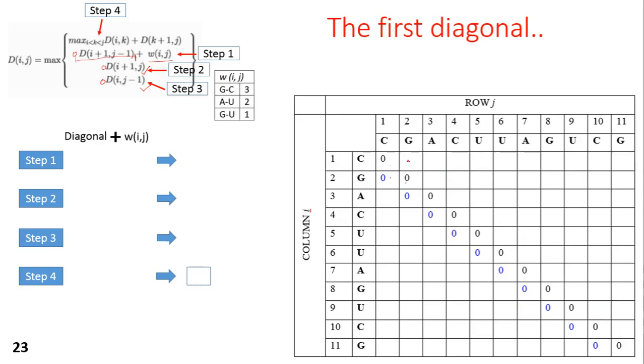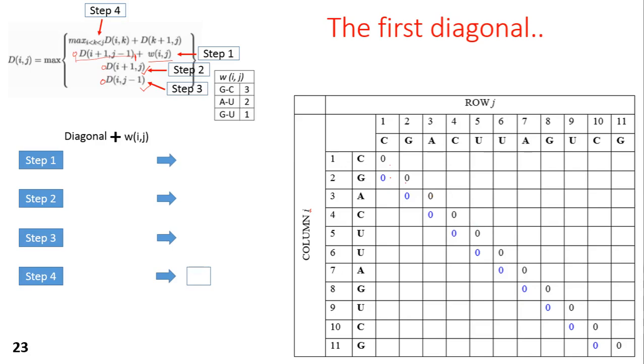And therefore only the weight values will be carried forward wherever there is base pairing at this diagonal. Therefore, for this first diagonal, all values can be considered to have the score of 0 except the places where base pairing occurs. The weight values are to be inserted.